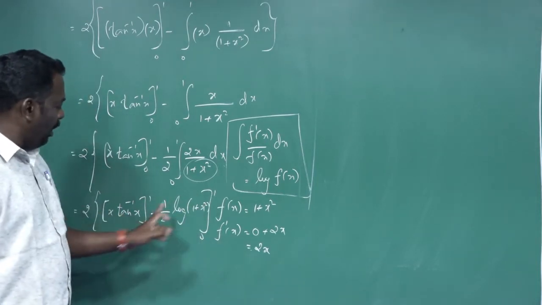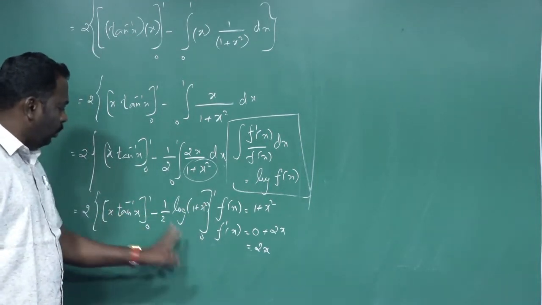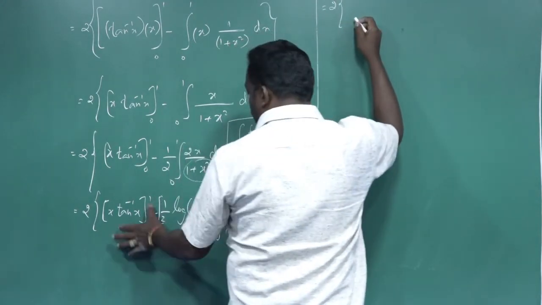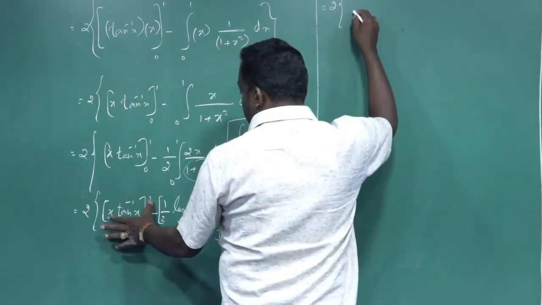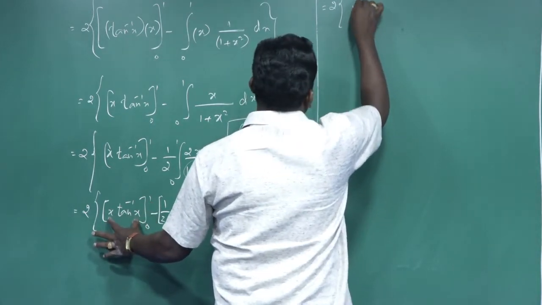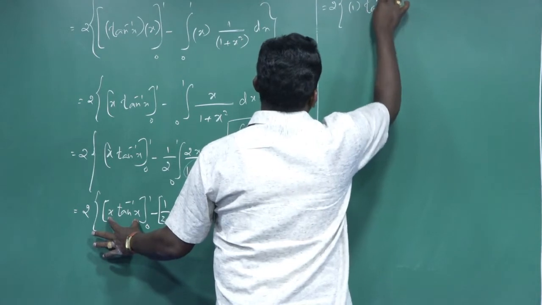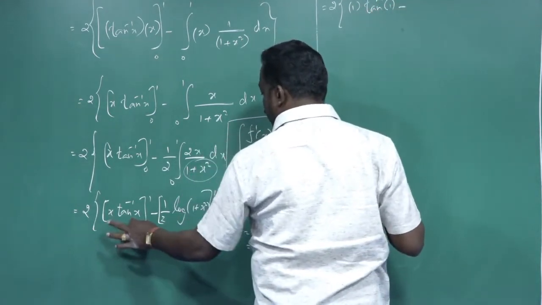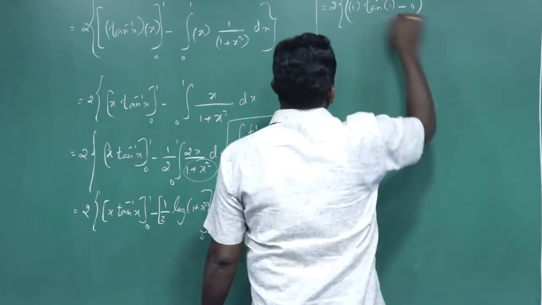Now in the next line we have to apply the upper limit and lower limit for these two terms. Then that is equal to 2 on the outside. Now apply the upper limit for this term. The upper limit is 1. Substitute x value equal to the upper limit, 1, within the bracket tan inverse of 1, minus the lower limit equal to 0. In any term it becomes 0, the second term is 0.